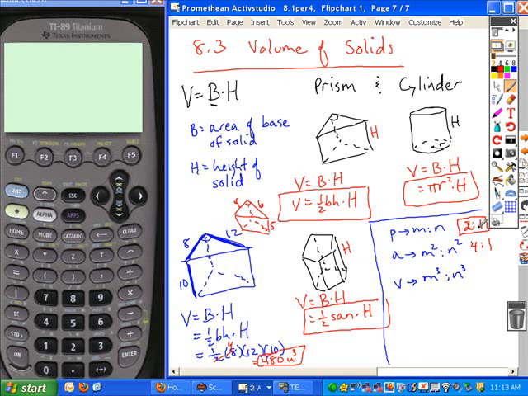If the ratio of parts were 2 to 1, then the ratio of their volumes would be 2 cubed to 1 cubed, so 8 to 1. And so what we would expect is 1/8 of 480 is going to be the volume of this figure. So if we took 480 and multiplied it by 1/8, 8 goes into 48 6 times with the 0, so we get 60. So the volume of this smaller solid should be 60 cubic units.